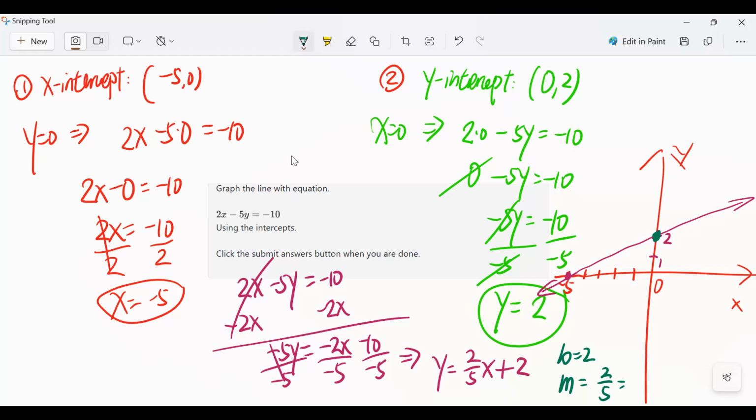Meaning go up 2 units and go to the right 5 units, right? Up 2, go to the right 5. We're going to do 1, 2, and then go to the right 1, 2, 3, 4, 5. Right here. So basically we get the same line. That's how you double-check with the slope-intercept form. Any question about this?